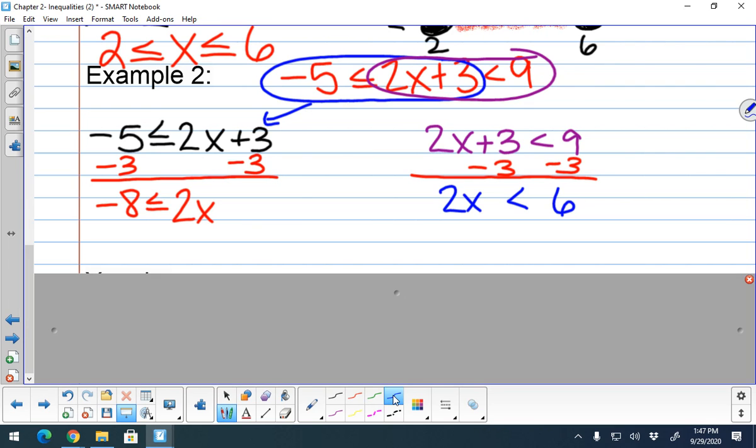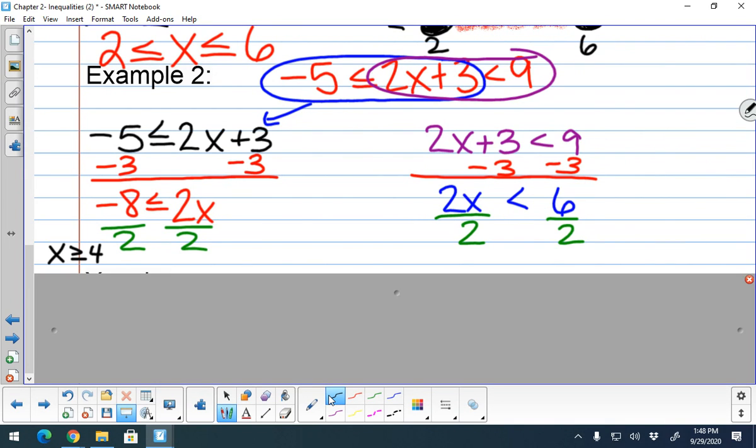Ms. Castro, what will I do to solve both of these now? Okay. Ms. Cruz, what do we get for the first equation? Right, x is greater than or equal to -4.